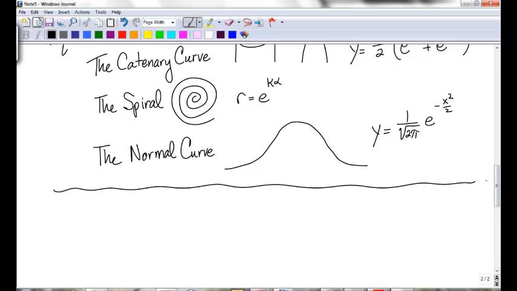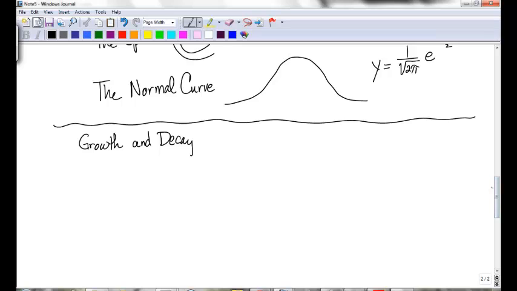Another, probably the one that is used the most in math, and especially now in forensic science, is growth and decay. When they say they found a body and the body's been there for 50 years or 200 years, or how do they know this dinosaur came from thousands of years ago?